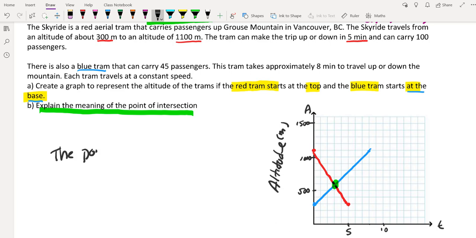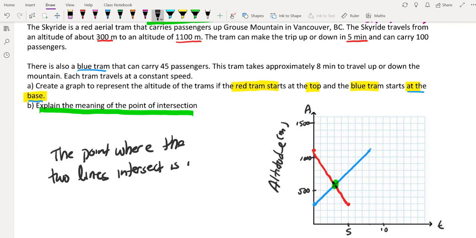The point where the two lines intersect is where the two trams pass each other.